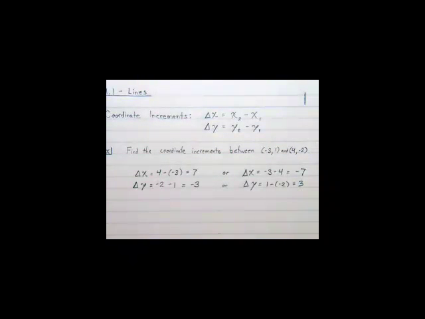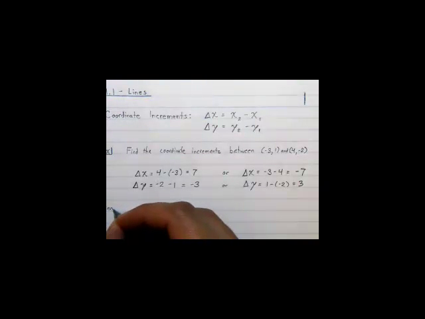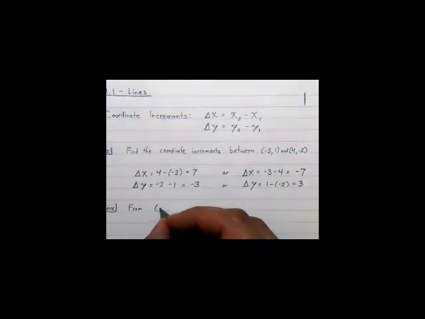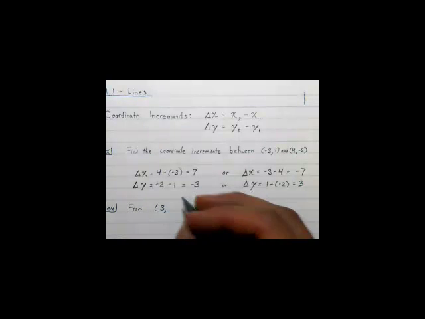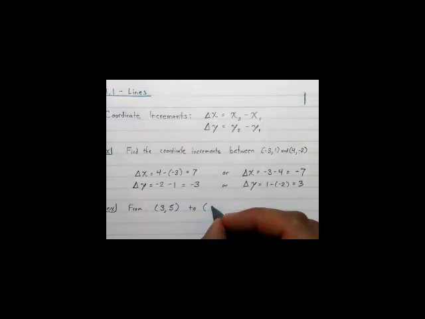Okay? So usually they're going to say from this point to that point. So, another example here, the same question, but let's go from 3, 5 to the point 4, 8.